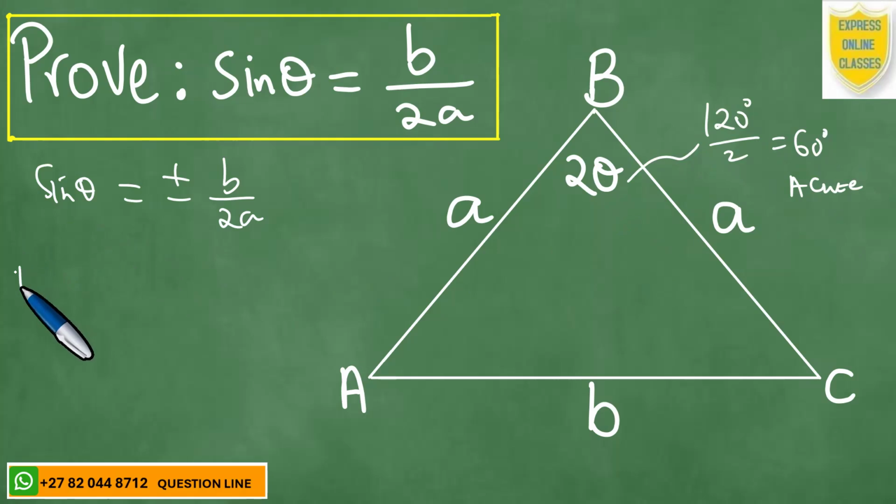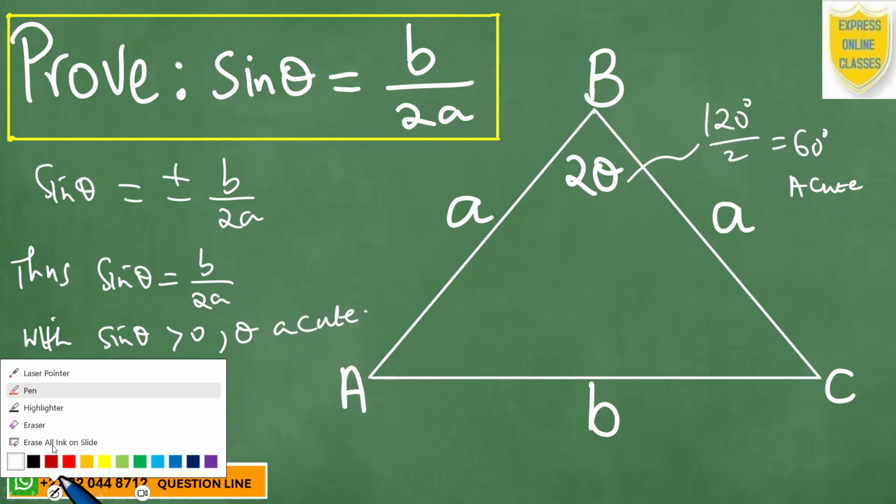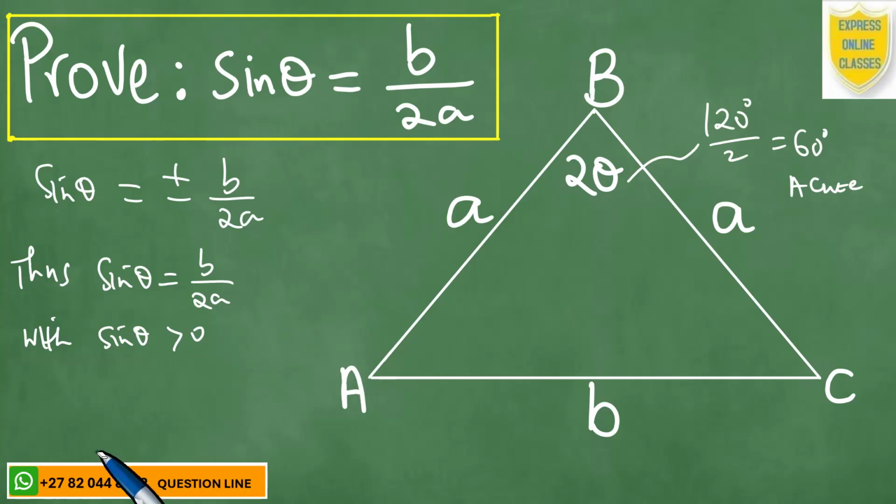And thus you can say the sine of theta is b divided by 2a, with the sine of theta positive, because theta is an acute angle.